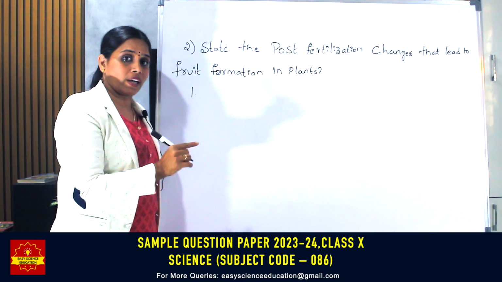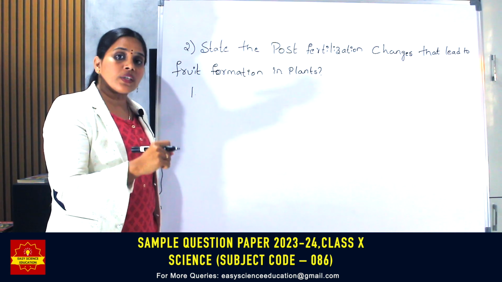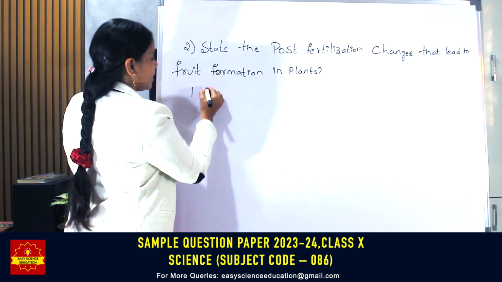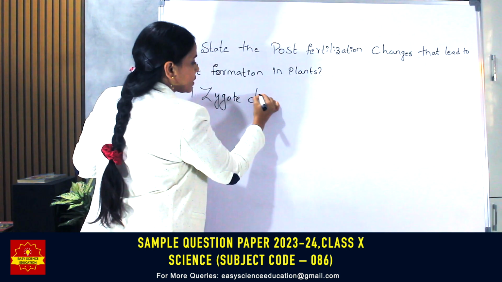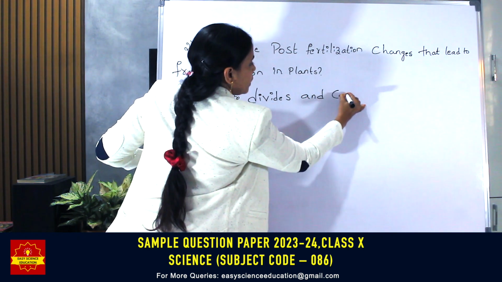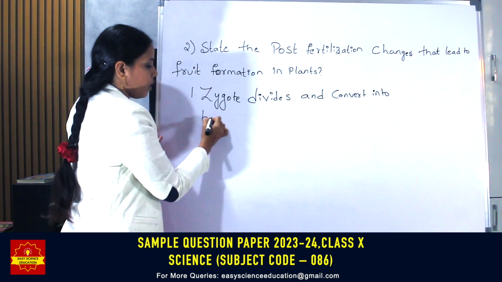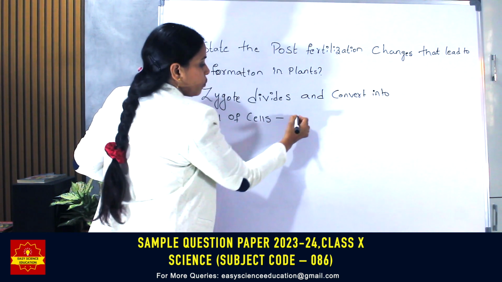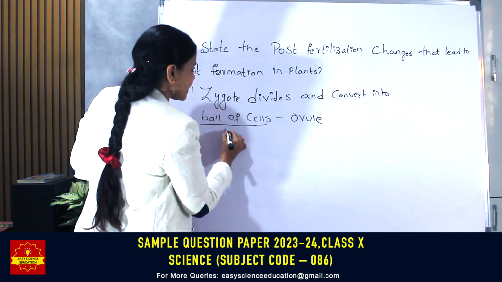So the first point: the zygote divides continuously to turn into a ball of cells called the embryo within the ovule. This ball of cells is formed within the ovule, and we call it the embryo.